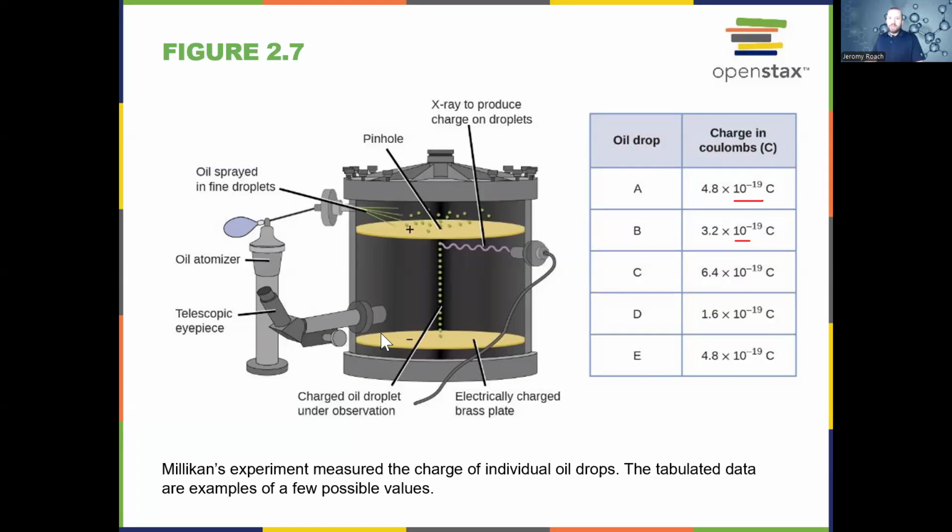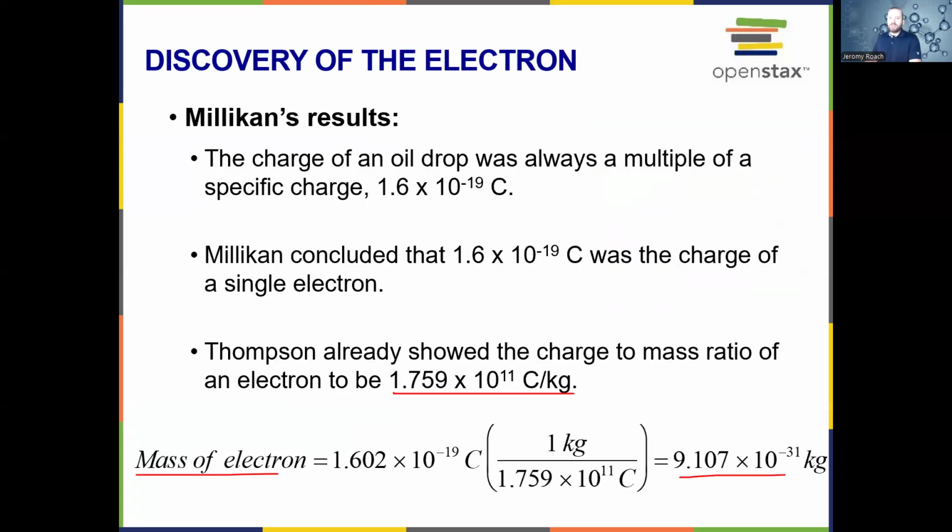And he was able to measure the overall charge of these different oil droplets. And then he was able to also look inside as this was occurring while these were electrically charged. And he tabulated the data below. He ended up just averaging out what this data was to find the total charge in coulombs.